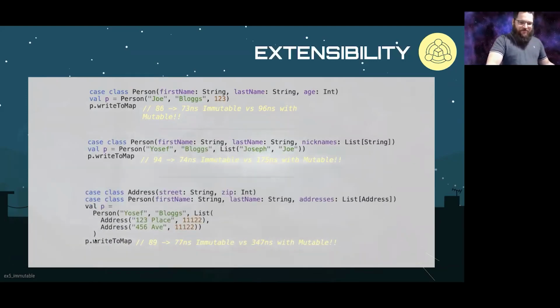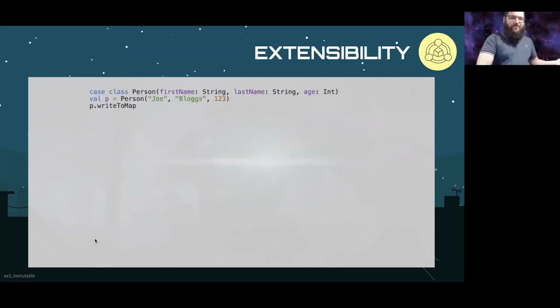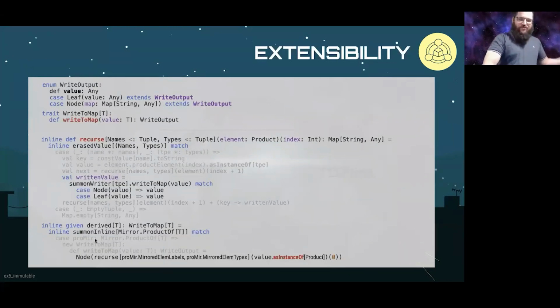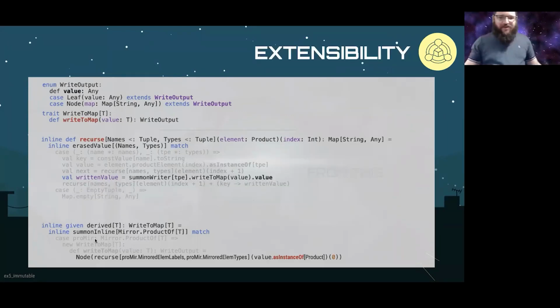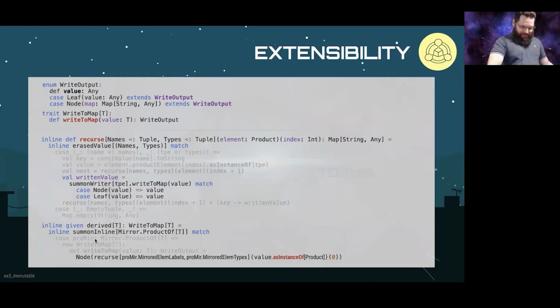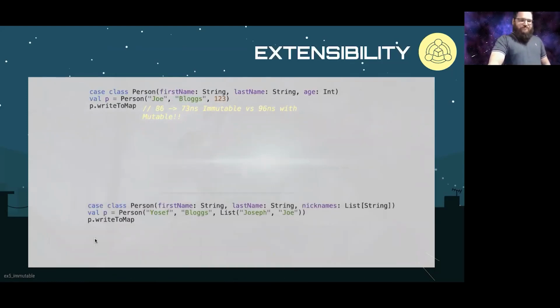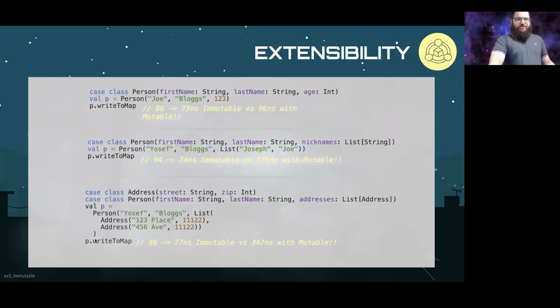Same thing here. This is Wonderland. How can this be more efficient than this? Again, my working theory is that the Scala compiler actually has certain optimizations that it can do for this. So anyway, this is really cool.